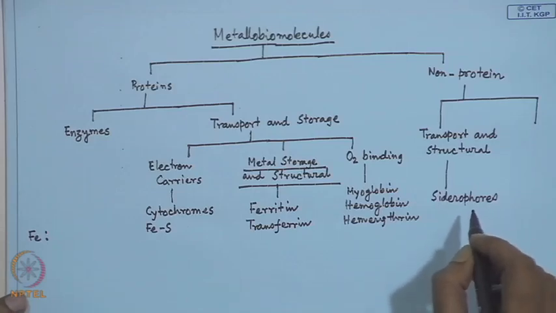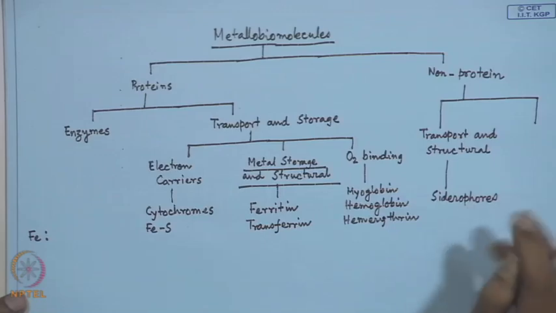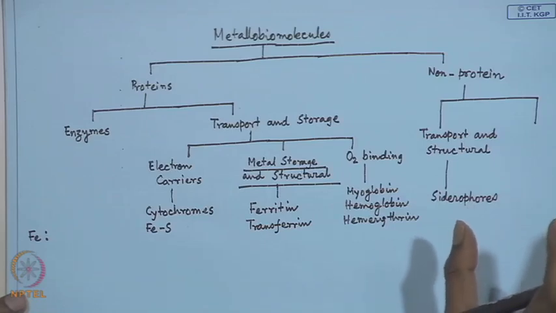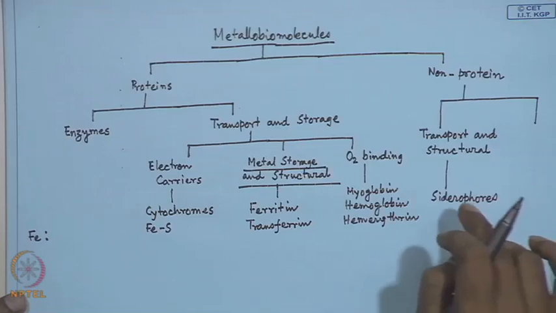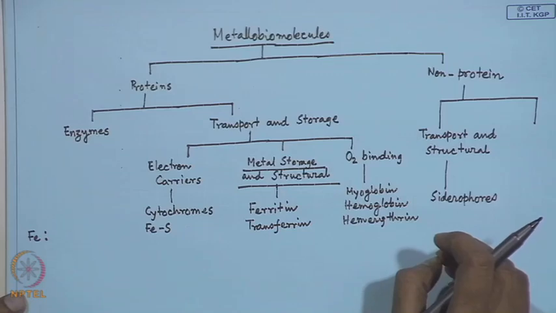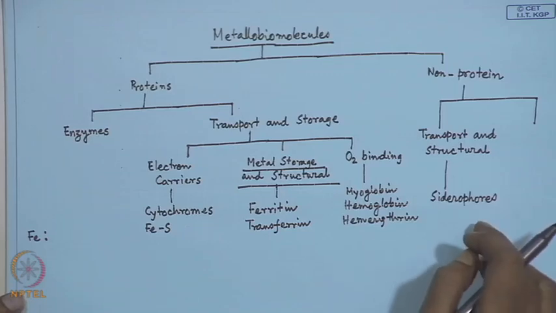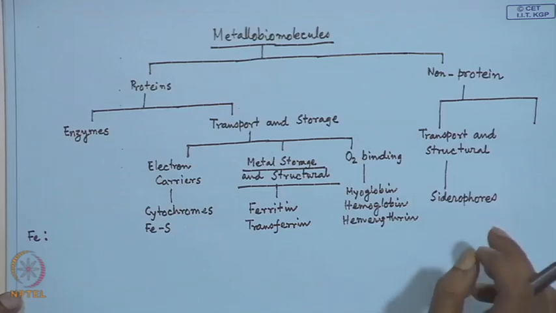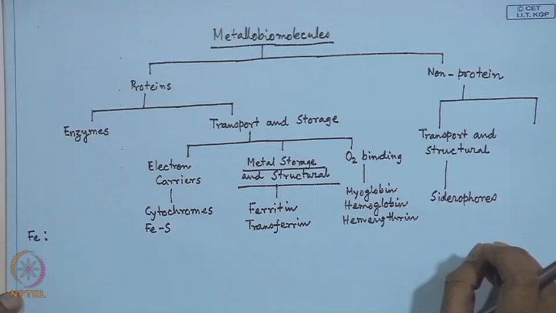These siderophore molecules are not protein molecules, they are small molecular weight molecules, and those molecules are utilized by the bacteria for transferring that iron from one side to the other. And to know the detail of these siderophores is very important, because they utilize some useful structure.